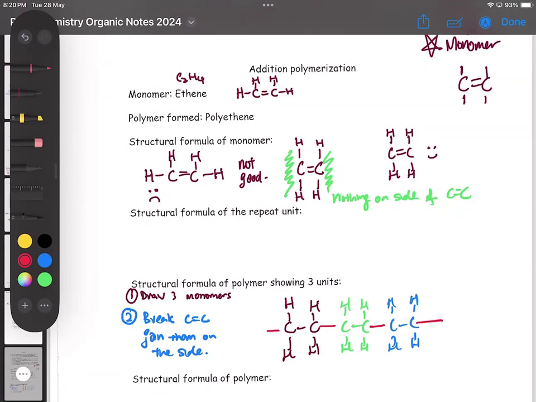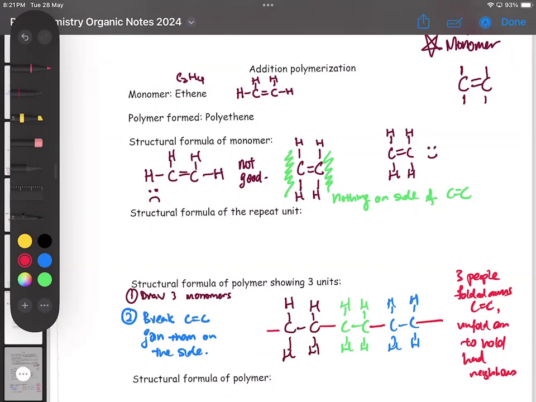You can visualize this as three people with folded arms, aka the CC double bond. And then they unfold their arms to hold hands with their neighbors. You unfold your arms and you hold hands with your left and right, and you form a long chain. That's the simplest way I can envision for you how this thing looks.